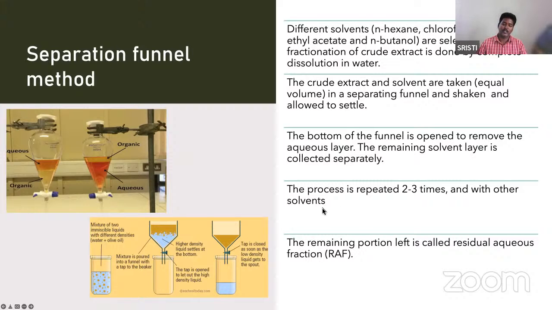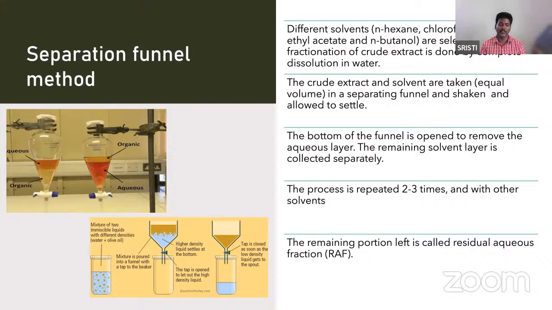This process is repeated 2 to 3 times or 4 to 5 times, depending on the solvents. The same solvent can be used, or we can also use different solvents. First you do it with n-hexane, next you can perform it with chloroform, next with ethyl acetate or acetone, and finally with n-butanol.